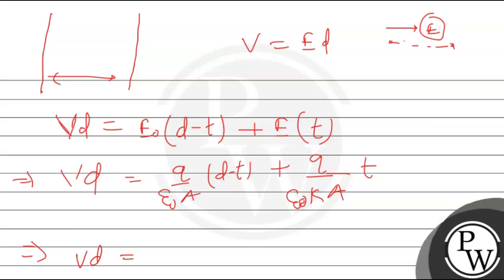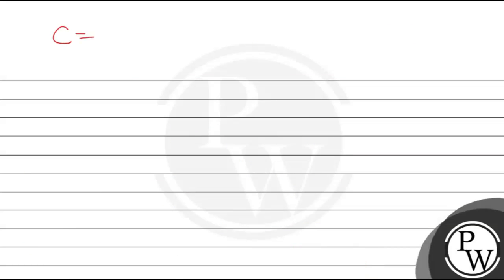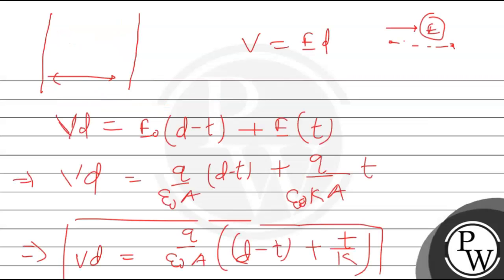After rearranging it, we will get the potential difference equal to Q upon epsilon naught A into D minus T plus T upon K. So this is the potential difference. If we put the value from the electrical parameters, that is Q upon V, we can rearrange it as V equal to Q upon C. Now let us put this value in the formula of the potential difference.